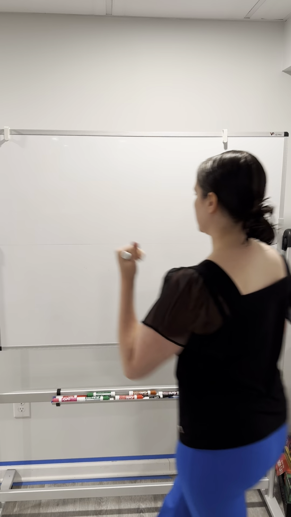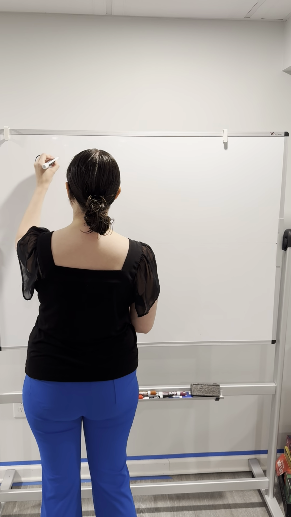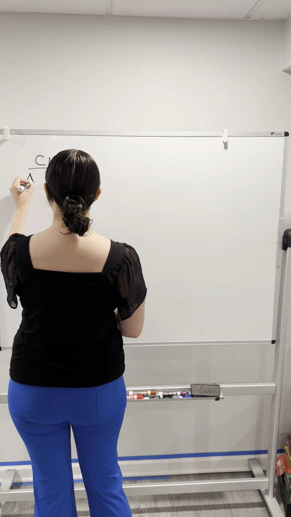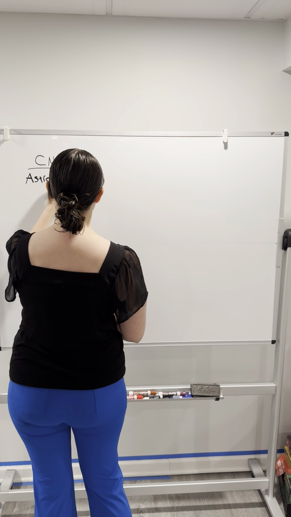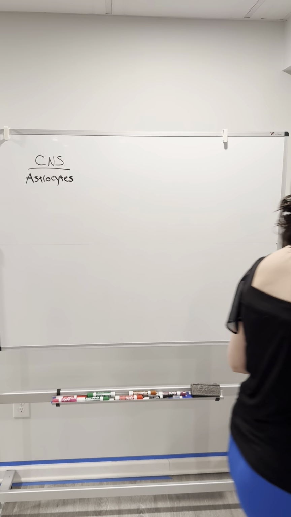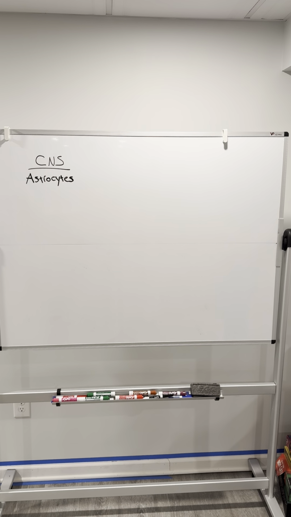So in the central nervous system, we have first astrocytes. Astrocytes are the most abundant glial cells or neuroglia. Both names are acceptable. These will be attached to the neurons, and they support neurons, they help bring them nutrients, they help guide young neurons that have been newly made.